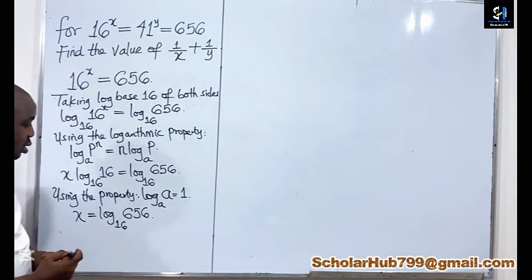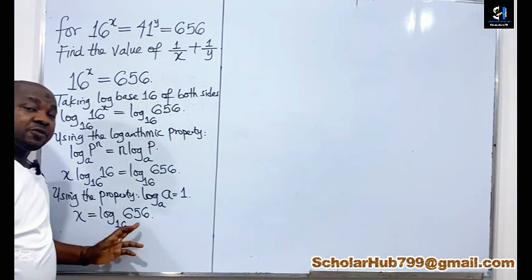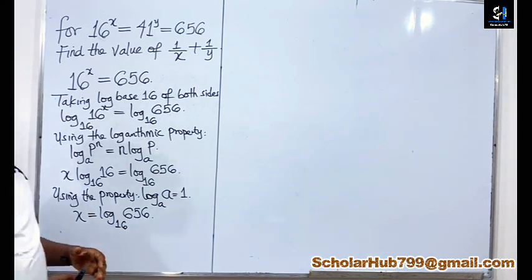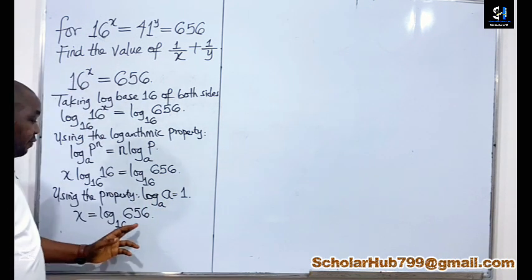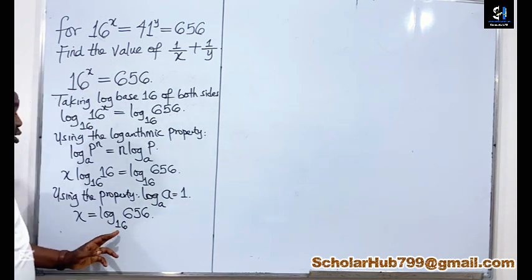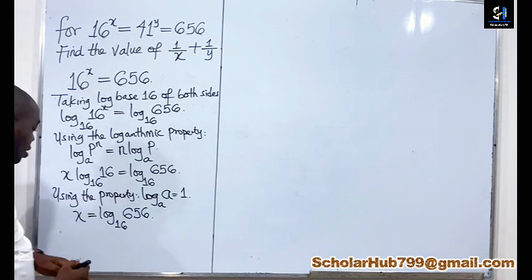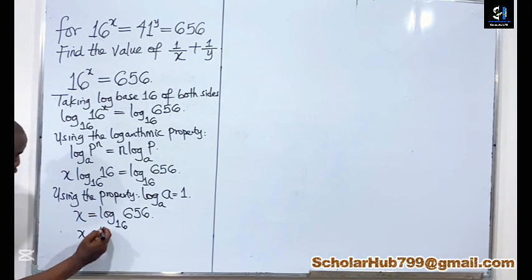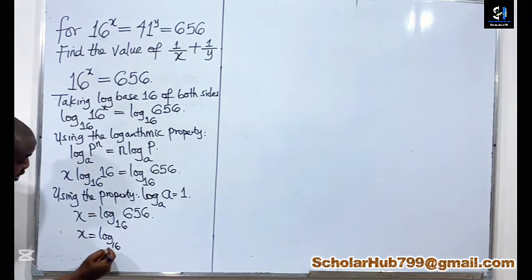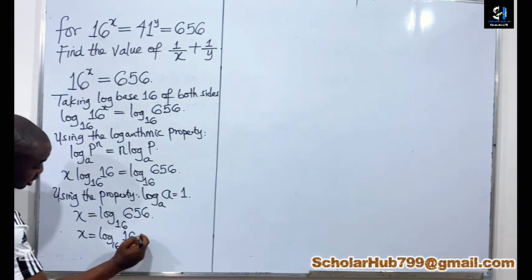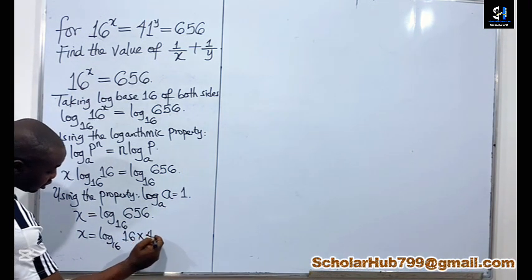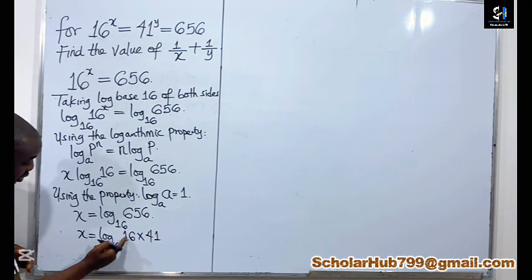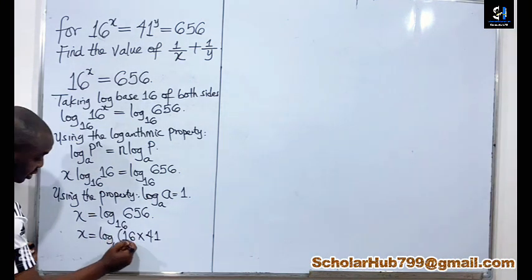Now I'm going to write 656 as a product of two numbers which are factors of 656, and that will be 16 and 41. So x equals log base 16 of 16 multiplied by 41, since 41 multiplied by 16 is 656.